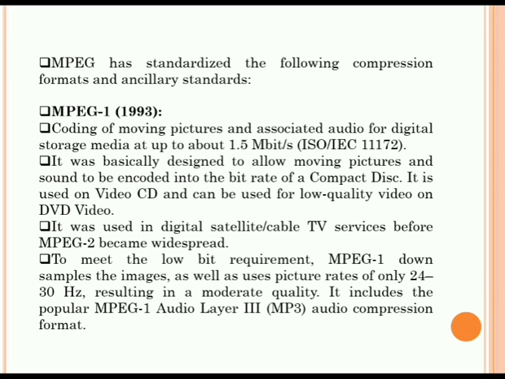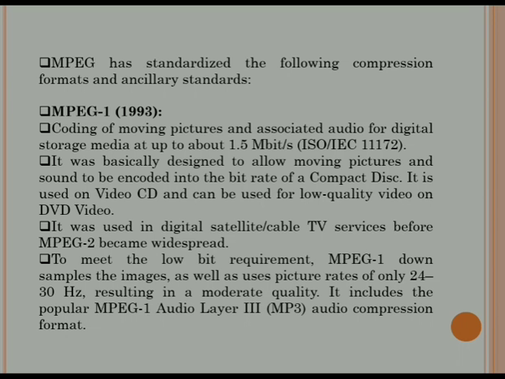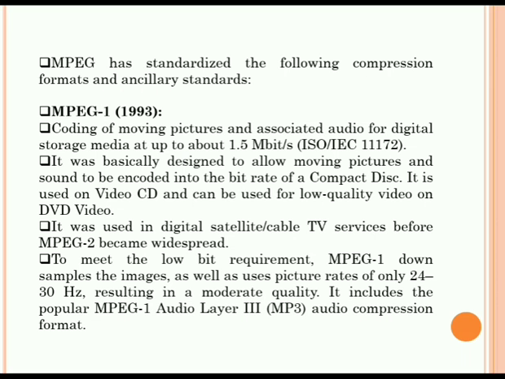Now let us see some of the compression formats. MPEG has standardized the following compression formats. MPEG-1, in 1993, the coding of moving pictures and associated audio for digital storage media at up to about 1.5 megabits per second.